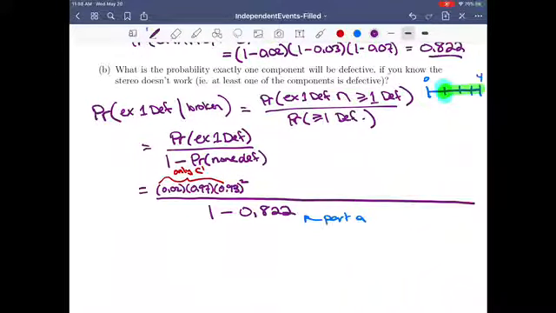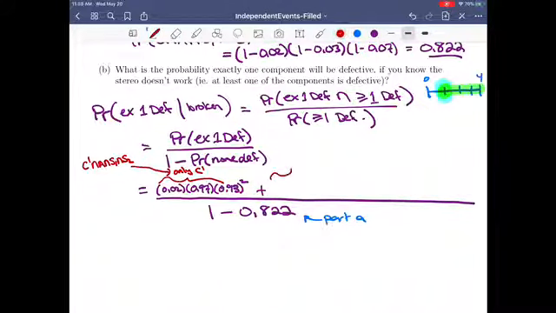So the amp is not broken, and the speakers are not broken. This is C complement intersect A, intersect S1, intersect S2. Again, because they're independent, I can do this intersection as the product.